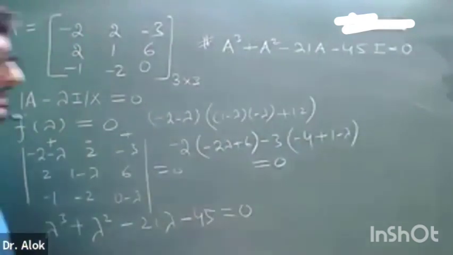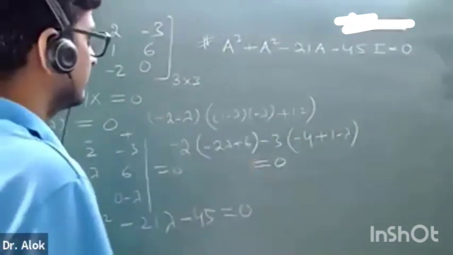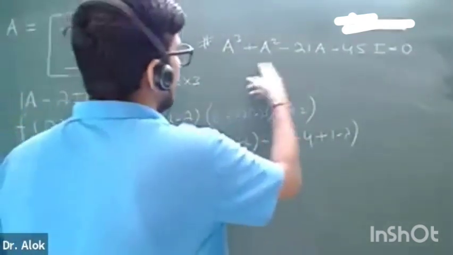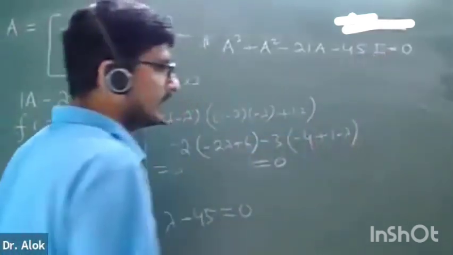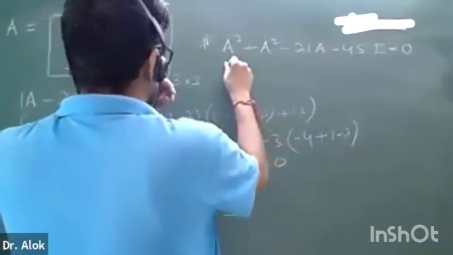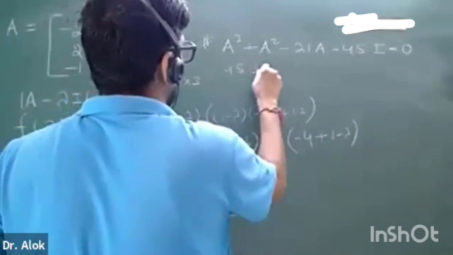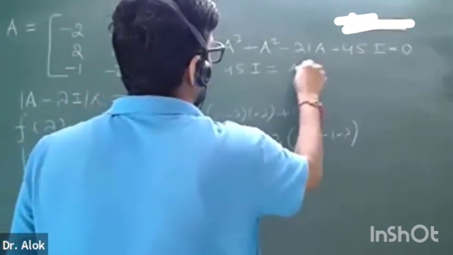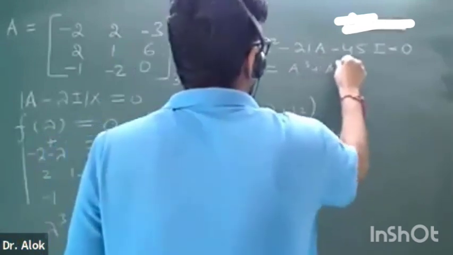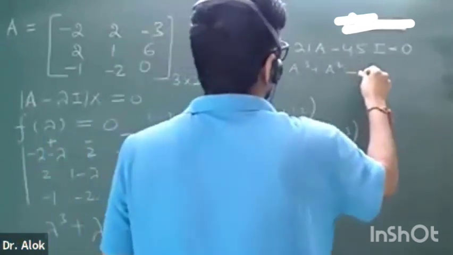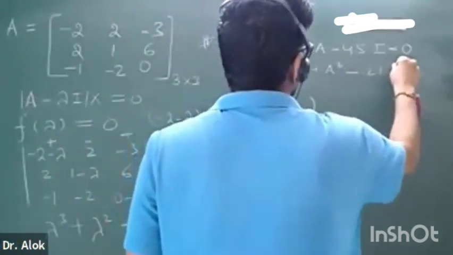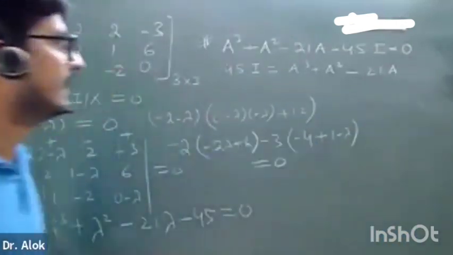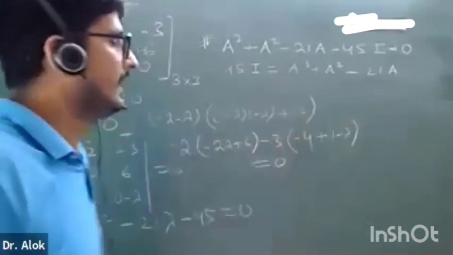Every matrix follows its own characteristic equation, so you will get this. And please see, I am telling you something else. You can also calculate the inverse using this. For example, you can write 45I is equal to A cube plus A square minus 21A. This you can write, and now multiply by A inverse.